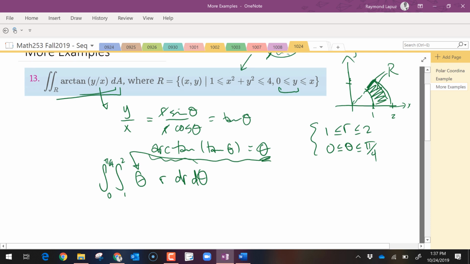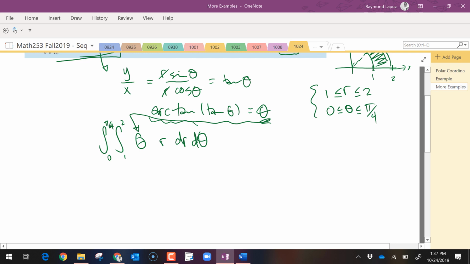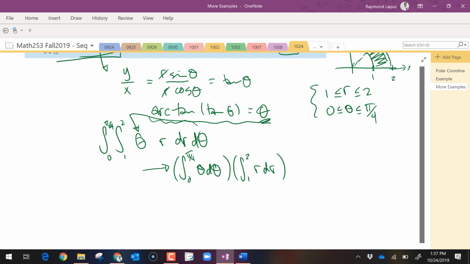This one I think we can actually do. The r and the theta are just factors that we can split up, so we can split this up into 2 separate integrals. Let's go theta first. And then our r goes from 1 to 2, just r.